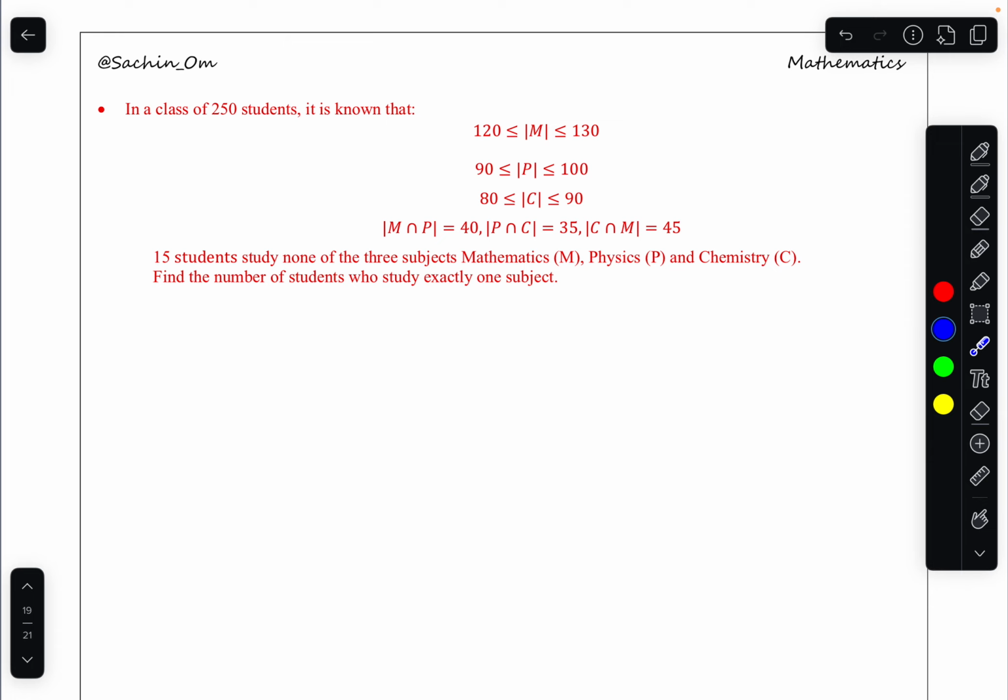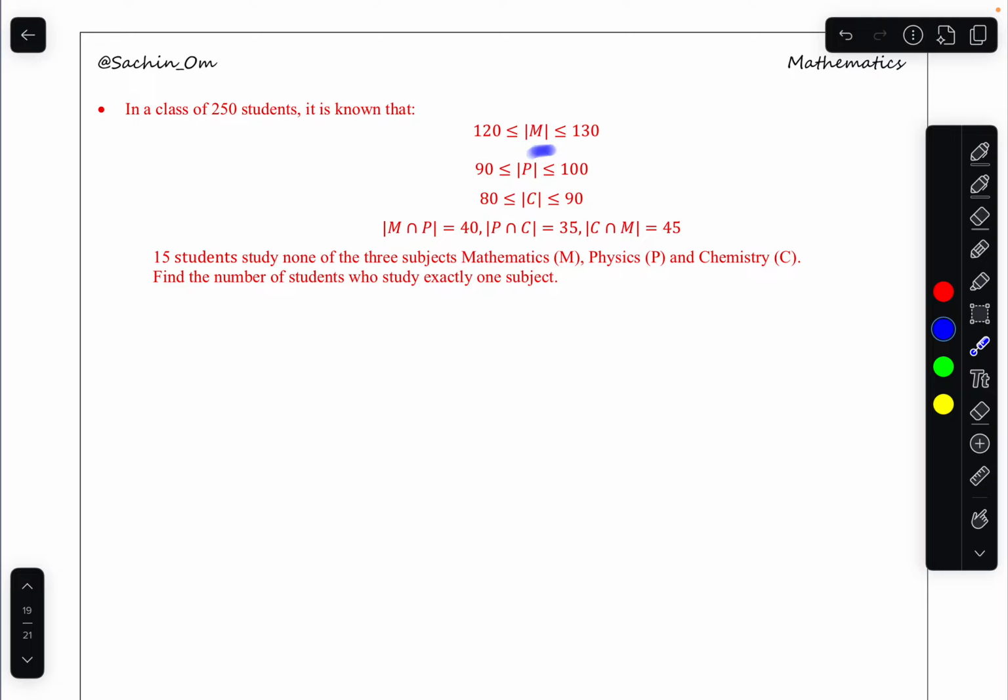This question is slightly easier than the last one. For a class of 250 students, just like the last question, there are bounds on the number of students.